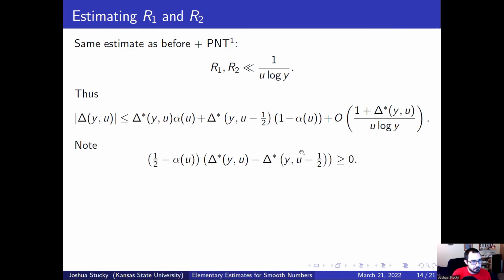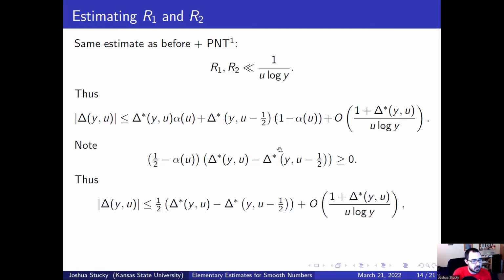So this whole thing is positive. And what I can do is then just add it to my upper bound, trivially, right? I can certainly just add a positive number, and my upper bound is still an upper bound. But when you do this, what happens? Well, things cancel out nicely. And what I'm left with is that delta is bounded by 1/2 of this difference right here.